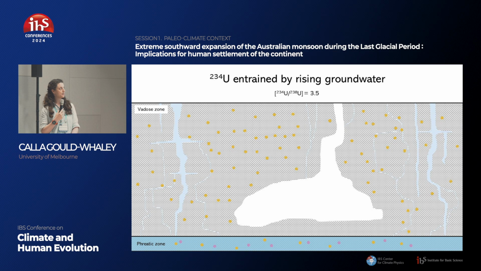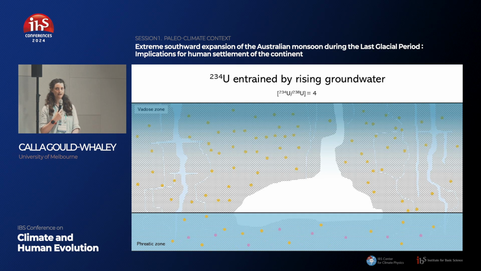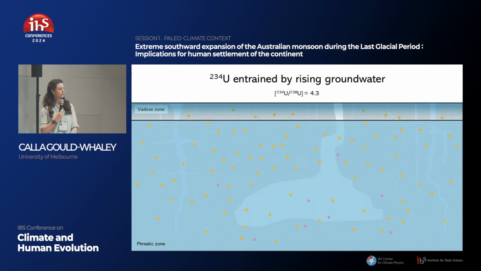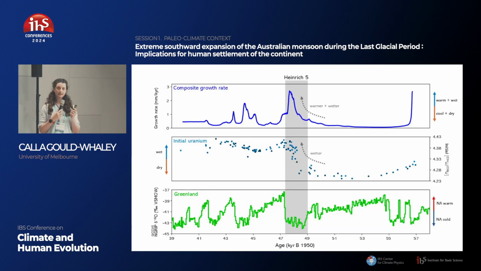But then if we have a period of increased groundwater recharge and the local water table rising, it entrains all of this accumulated 234, resulting in the 234 to 238 ratio in the groundwater increasing. So that's why when we see this uptick in the initial uranium isotope activity ratios in all three speleothems, we interpret this as indicative of increased groundwater recharge during Heinrich 5.